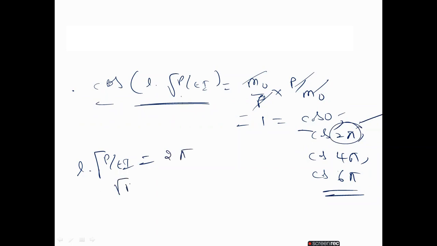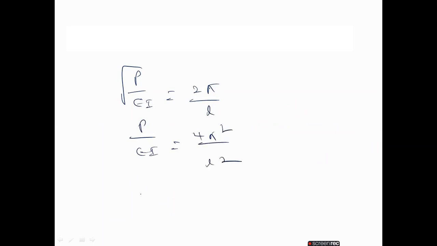So what happens? Square root of P by EI equal to 2 pi by L. Then P by EI equal to 4 pi square by L square. Then P equal to 4 pi square EI by L square.